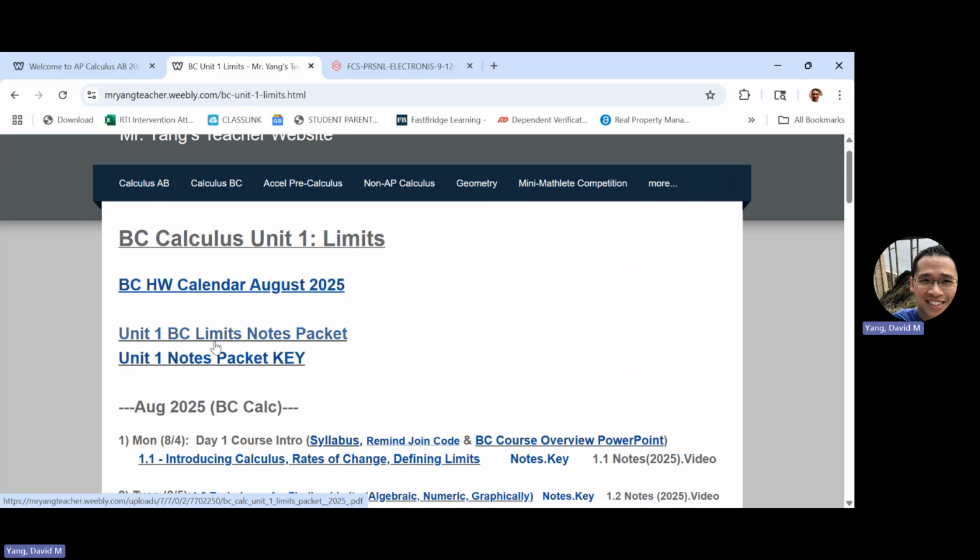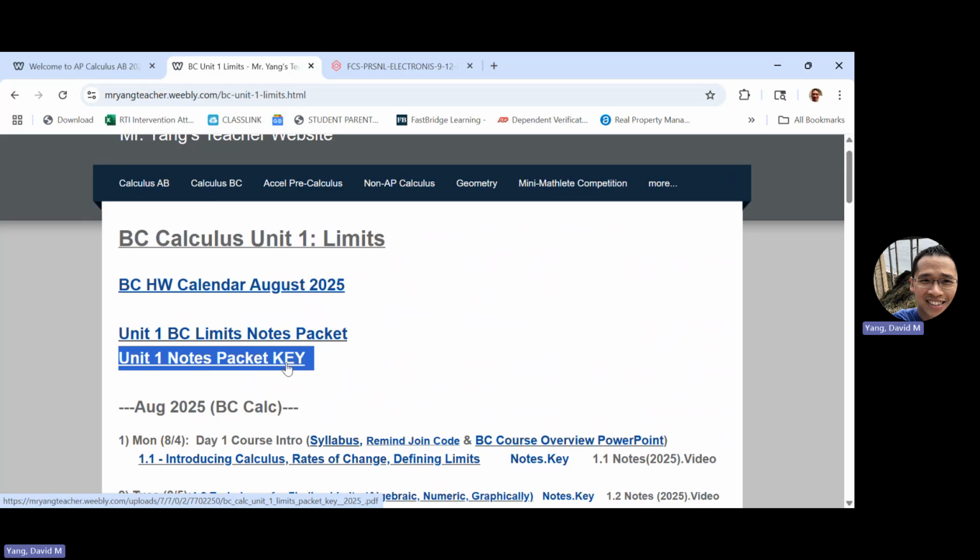I'll be checking homework from the packet, and I expect you to check your answers on a daily basis so that you know whether you got your problems right or wrong. If you click on packet key, these should be lined up pretty well, so whatever the page number assigned, you should be able to find those page numbers in the packet key.